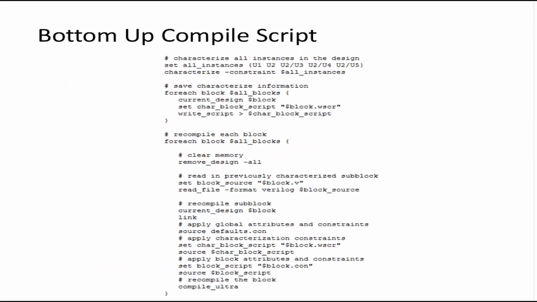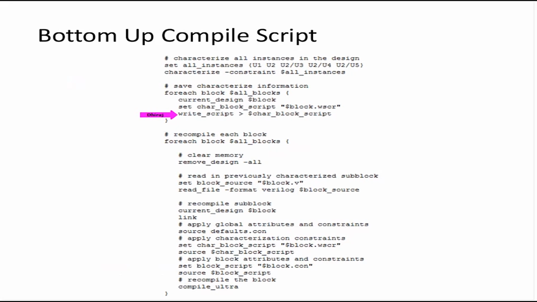This is the second part of the script. So now we select all instances and we use a characterize command. We tell DC to characterize all these instances for me. So now for each of the blocks we set the current design and we write this script.